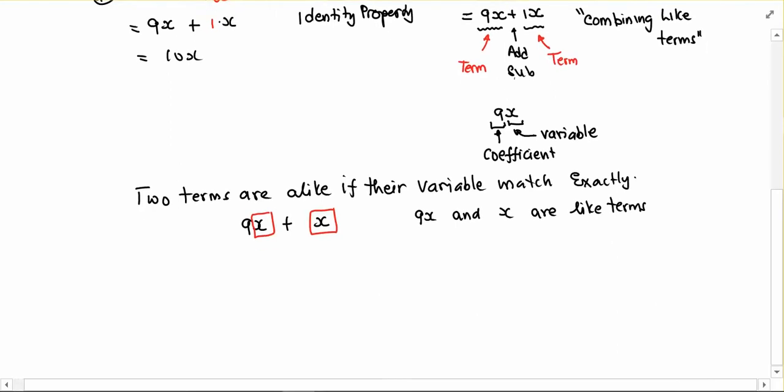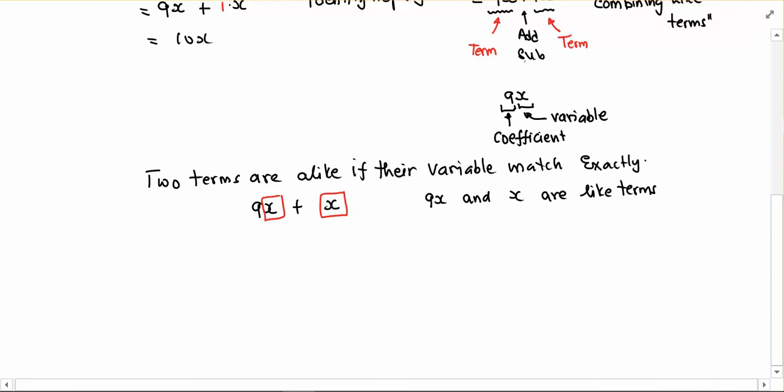Okay, and when you have like terms, you can combine like terms. So you can combine like terms by adding the coefficients.